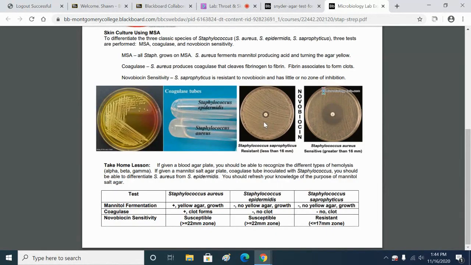I forgot what the M is, but it's resistant Staphylococcus aureus. Right, so the M is usually methicillin, that particular antibiotic, or sometimes they just say multiple resistant Staph aureus because it is resistant to many, many different antibiotics.